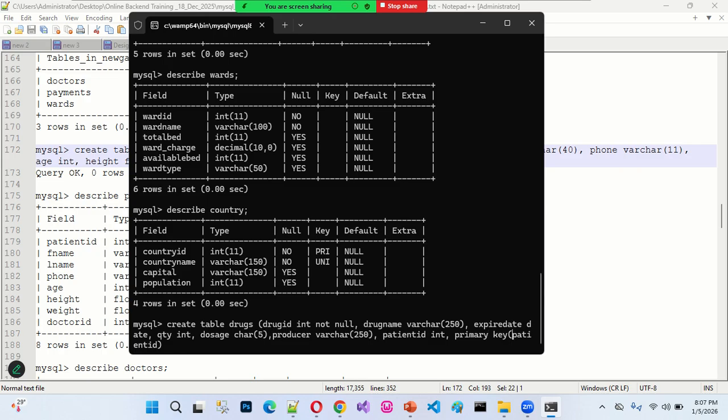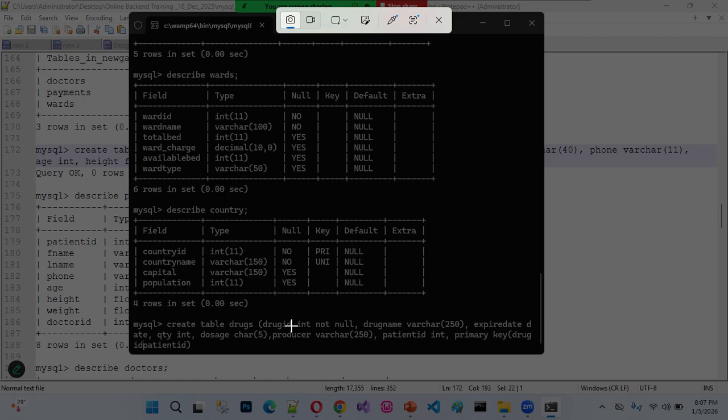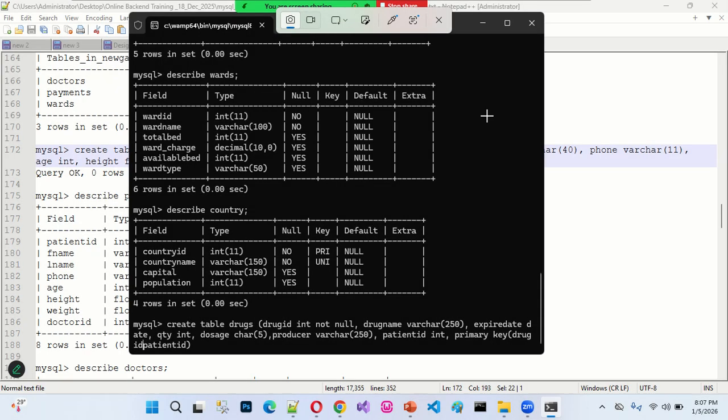And now say primary key is what? Drug ID like this. Okay, sorry. It's the drug ID. So here now, okay, drug ID now. So I'm removing the drug ID here. That means I made the drug ID to be a primary key.